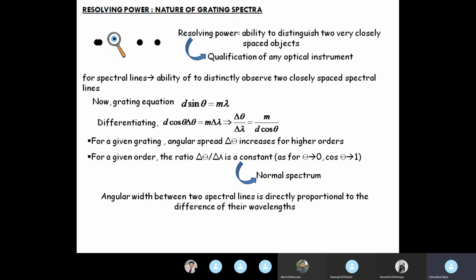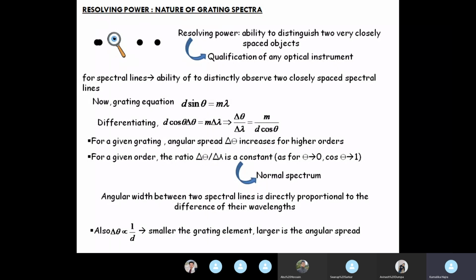The angle of separation between two lines will increase when the wavelength difference between them increases. Also from this relation you see delta theta is proportional to 1 by d, which means smaller the grating element, larger is the angular spread. Smaller the value of d, greater is the angular spread of the spectrum.